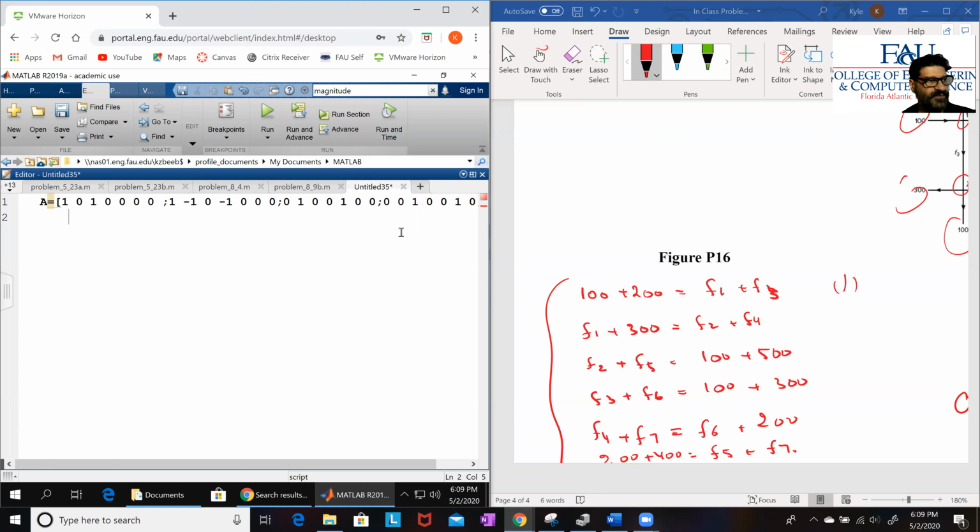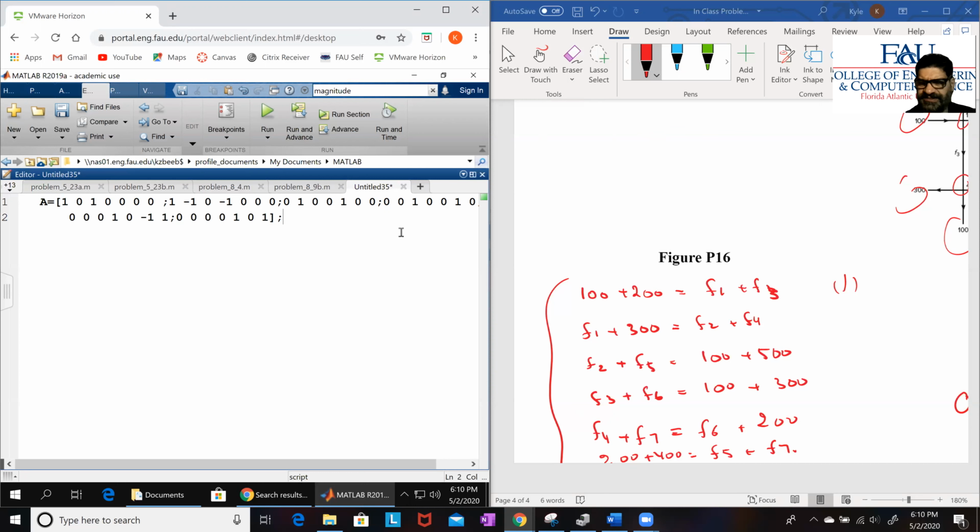The fifth equation will be 0, 0, 0, 1, 0, minus 1, and 1. Then the last equation will be 0, 0, 0, 0, 1, 0, and 1. And I'm going to close that, and that will give you the A matrix.